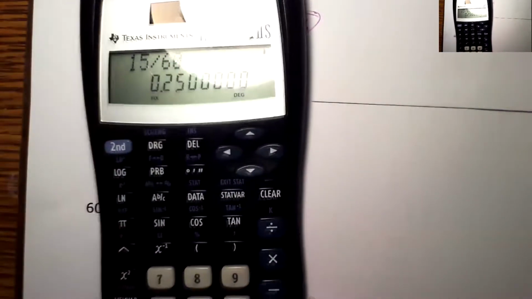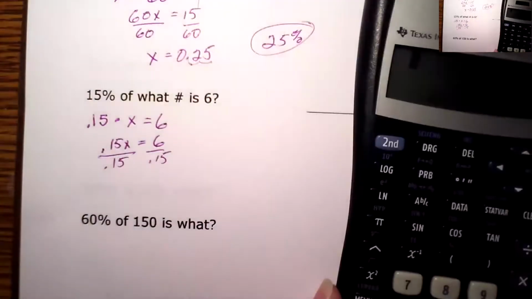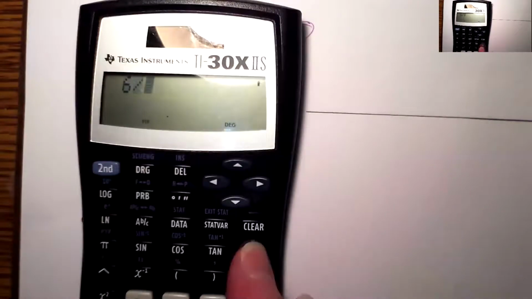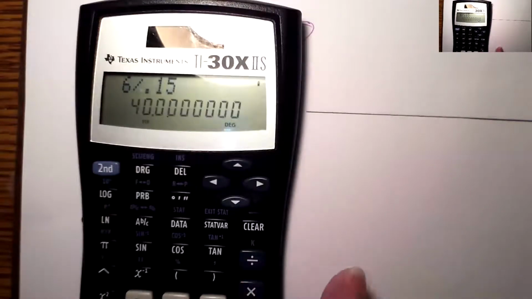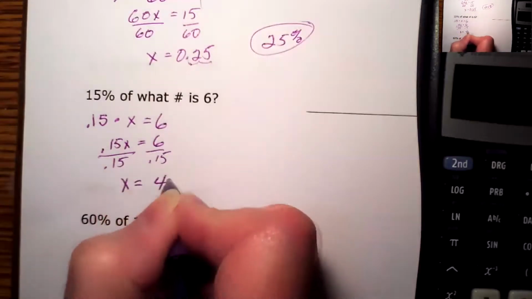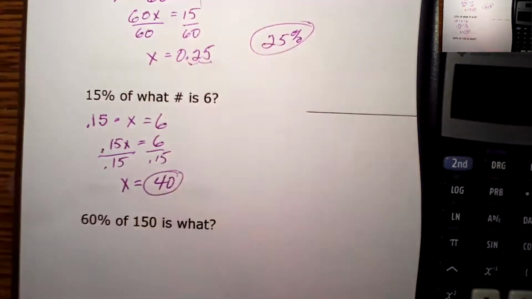My lighting is really bad tonight, I'm sorry. That was 6 divided by 0.15 equals 40. So x equals 40. So 15% of 40 is 6.